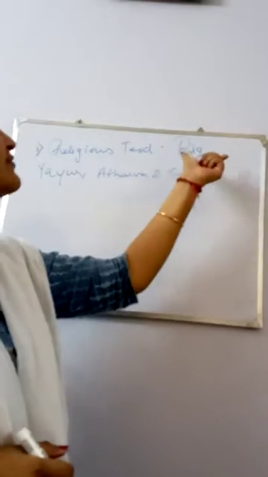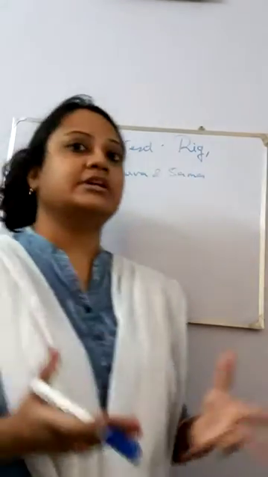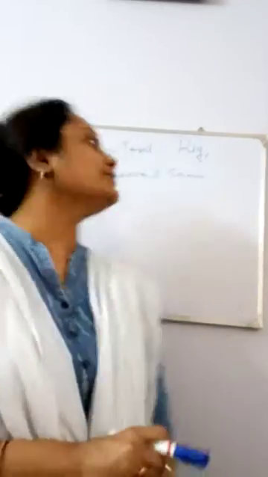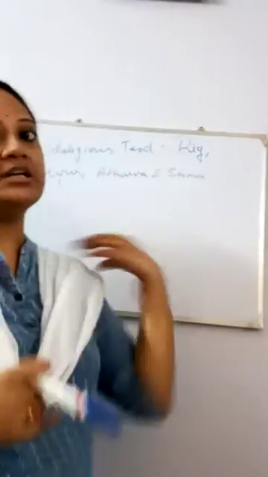The Rig Veda was composed in the early Vedic age, and the other three, Atharva, Yajur and Sama, were composed in the later Vedic period.